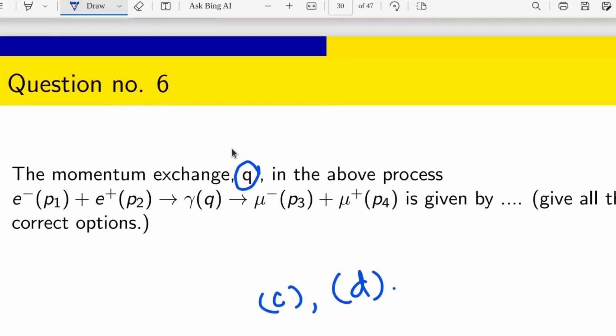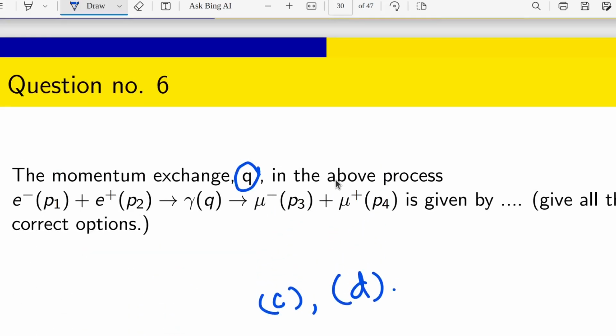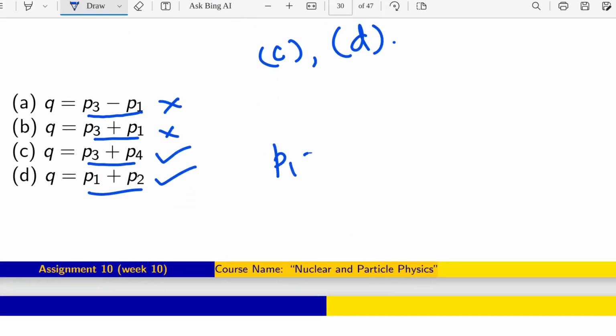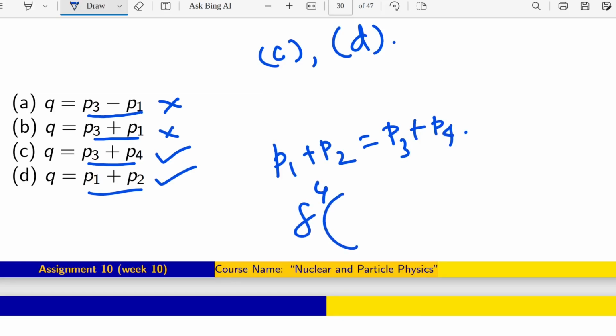So the momentum exchange for this process, denoted as Q, can be written as P1 plus P2, and it can also be written as P3 plus P4, because due to momentum conservation we know that P1 plus P2 is equal to P3 plus P4. That's why in the previous question we wrote P1 plus P2 minus P3 minus P4. The delta 4 is giving what?